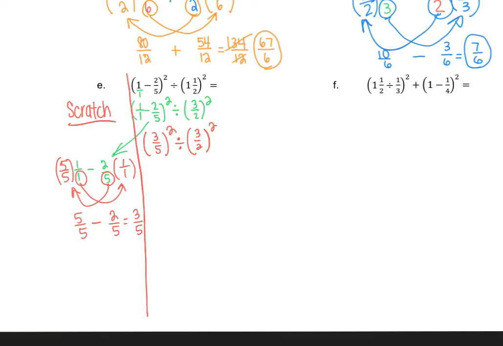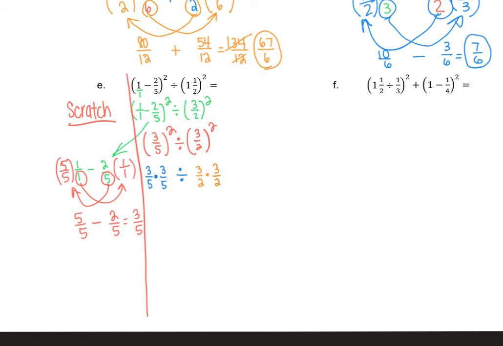Now, what does it mean for something to be squared? It means times itself. So really what I have there is 3 over 5 times 3 over 5, and then divided by 3 over 2 times 3 over 2, because I have 3 over 2 squared.